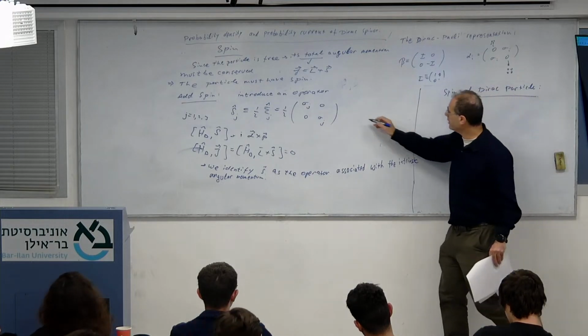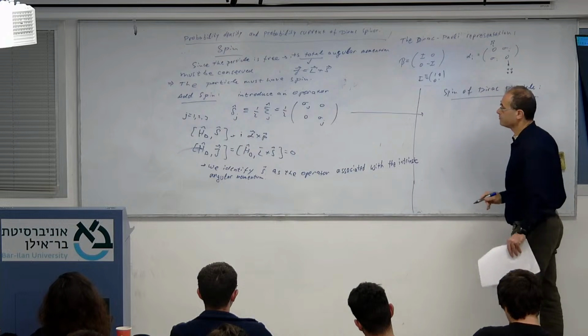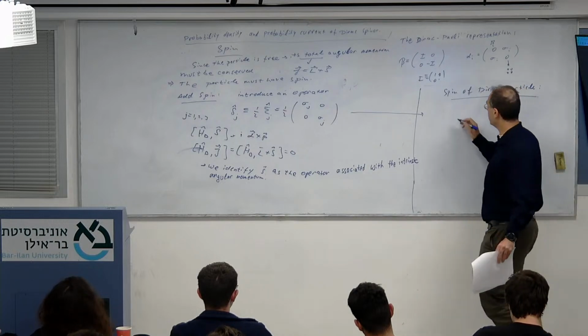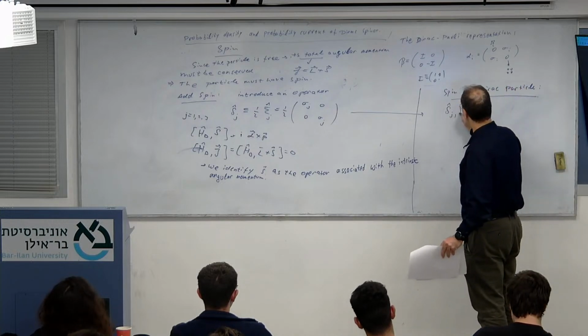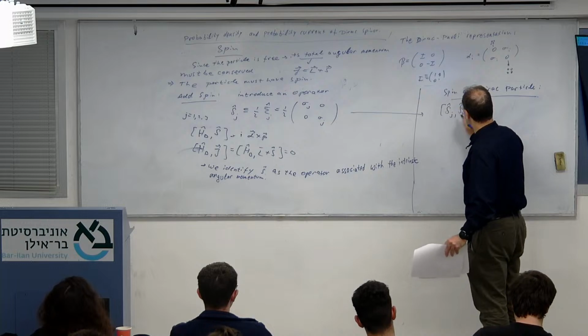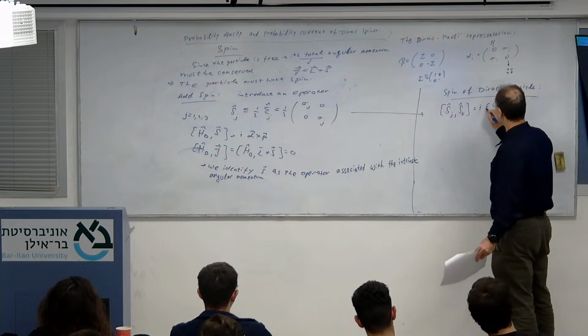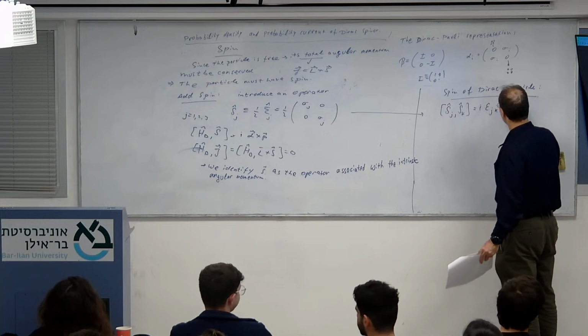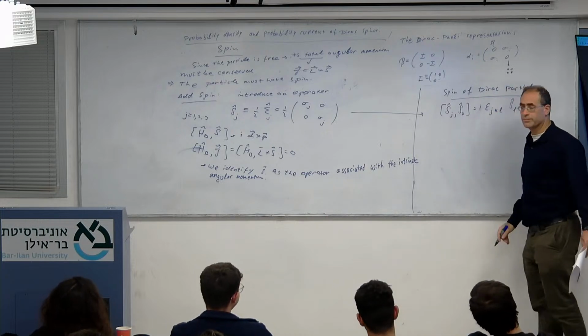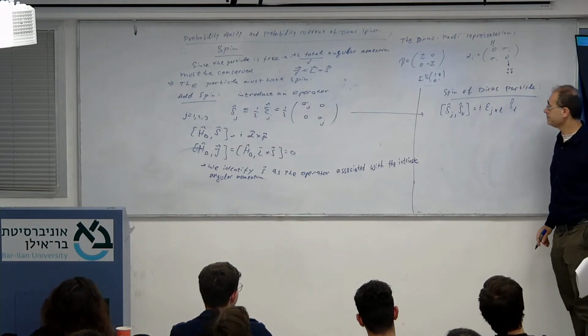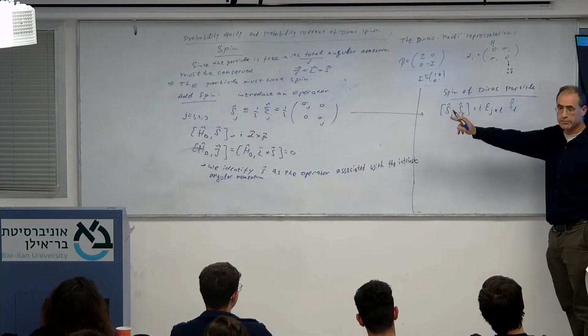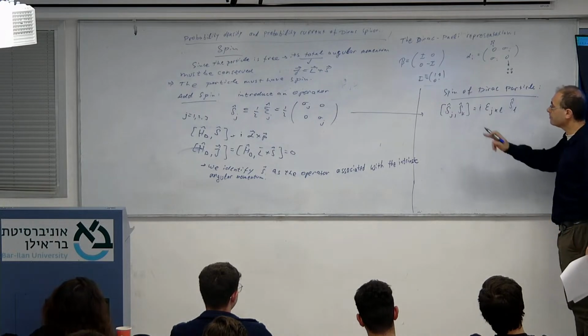From here we get that S_j S_k is I epsilon_jkl S_l. This is from the properties of the Pauli matrices.